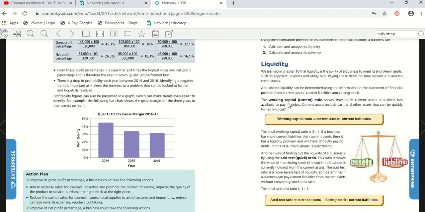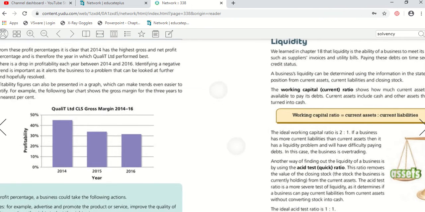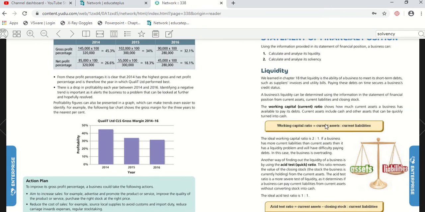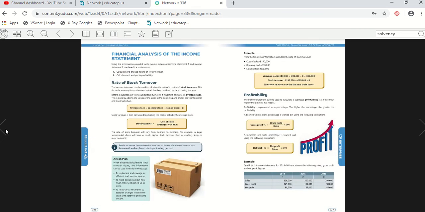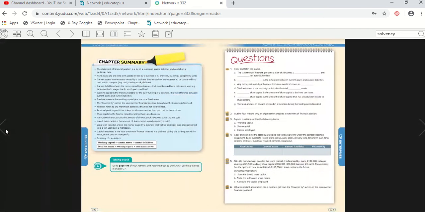It's called the working capital ratio because of looking at the figures, the current assets to current liabilities. If you can remember back to your final accounts, your trading profit and loss and balance sheet, in particular the balance sheet or the statement of financial position. I'm just going to get an example of one here in the previous chapter.